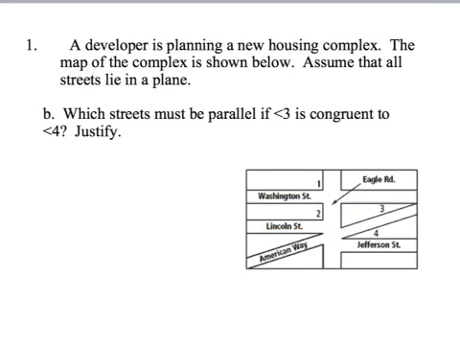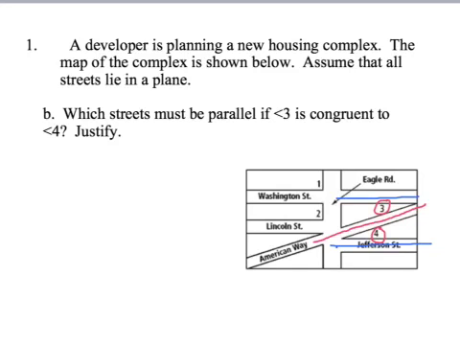Okay, question B. Which streets must be parallel if angle 3 is congruent to angle 4? Alright, so here's angle 3, here's angle 4. The one line they have in common is the street American Way. And the other streets that form 3 would be Washington with Jefferson.